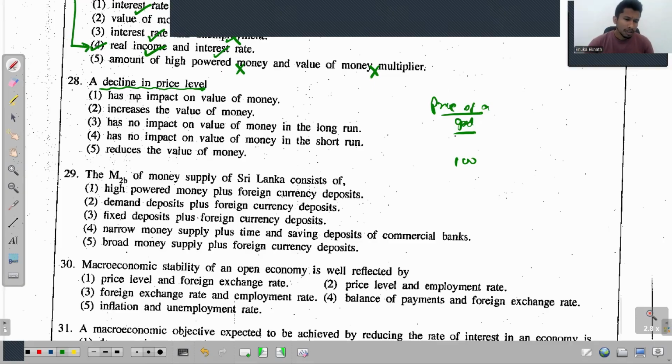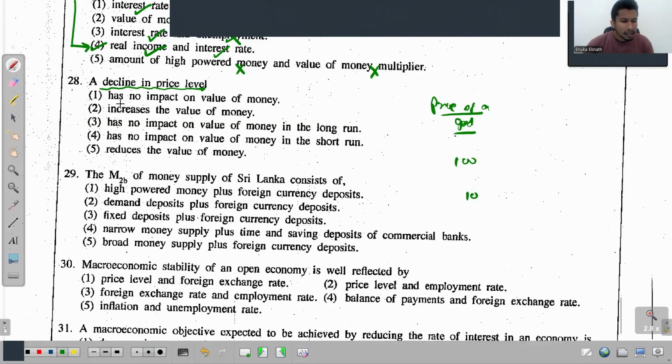What happens now? A declining price level. So the price of this good decreases to, let's say, rupees 10. Earlier it was 100, but now it is rupees 10. Has no impact on the value of money.